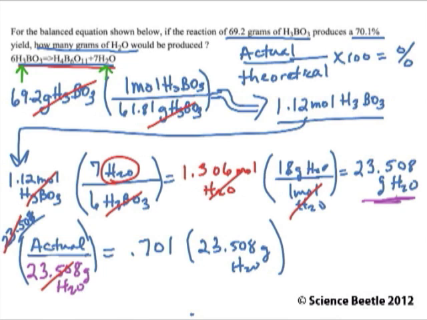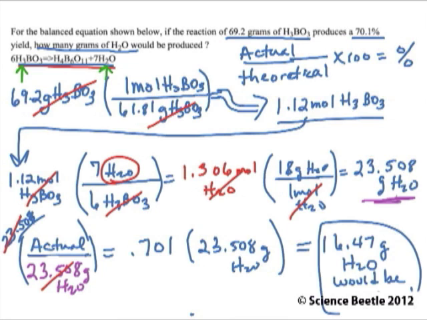If you multiply those two together, the result here would be 16.47 grams of water produced when 69.2 grams of H3BO3 results in a 70.1% yield. And so the answer here is, again, 16.47.